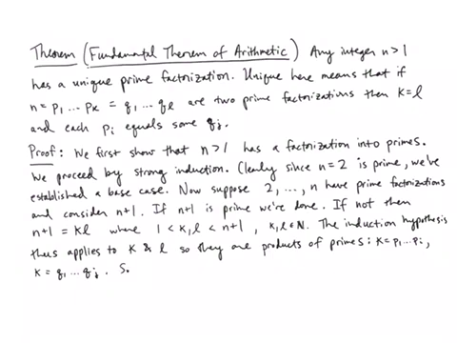So then n plus 1 is k times l, that's p1 times dot dot dot pi, q1 dot dot dot qj, which is then clearly a product of primes, right? All the p's and all the q's are primes.